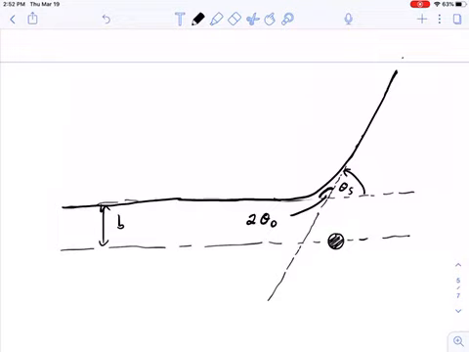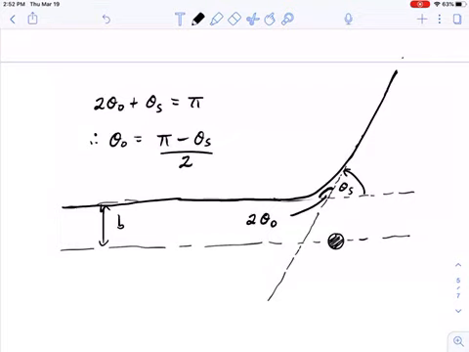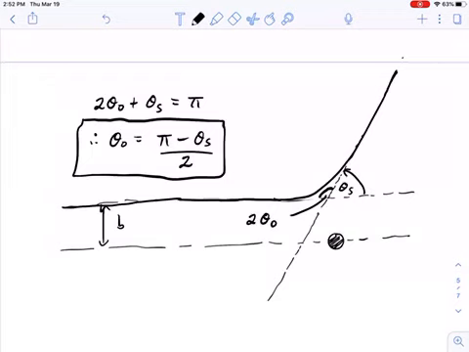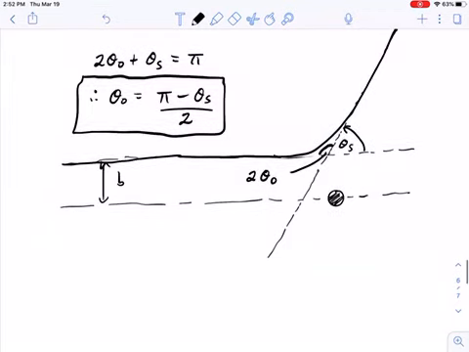And what this picture shows us is that 2 theta naught plus the scattering angle is equal to 180 degrees, or pi radians. And therefore, we could say that theta naught is pi minus theta s over 2, or alternatively, if you wanted to solve for the scattering angle, that would be pi minus 2 theta naught. Okay, but in an experiment, what you could actually measure is theta s.